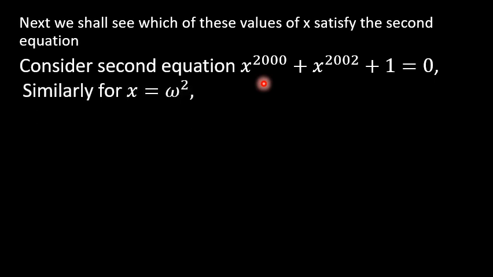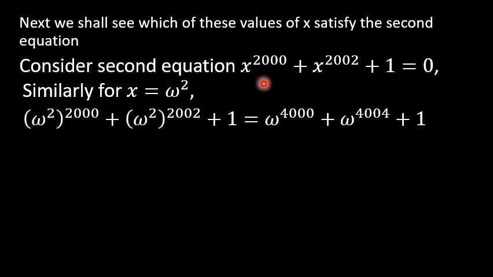Now let us check for x equals omega square. That is, let us put x equals omega square in the second equation. That is (omega square) to the power of 2000 plus (omega square) to the power of 2002 plus 1. So upon simplification, 2000 into 2 is 4000 here, and 2002 into 2 is 4004.